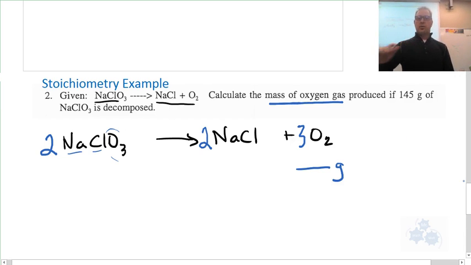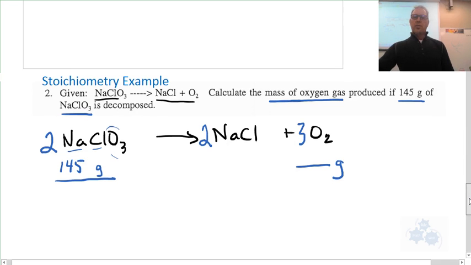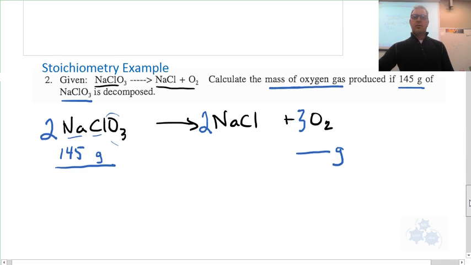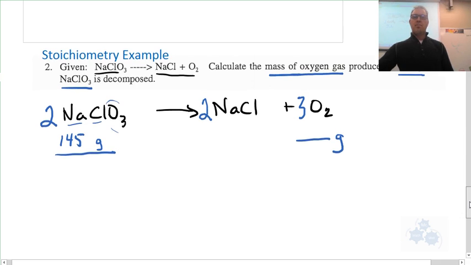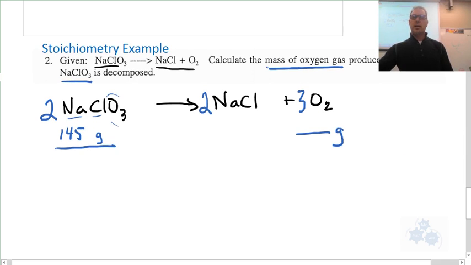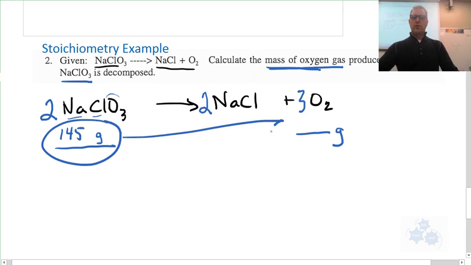We're given 145 grams of sodium chlorate, and I'm going to put that right underneath this. We're asked to calculate the mass of oxygen over here, so I need to figure out how I can go from the given over to here.